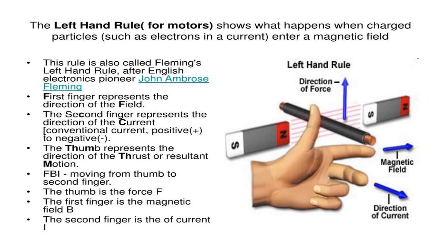The first finger represents the direction of the field, the second finger represents the direction of the current, and the thumb represents the direction of the thrust or resultant motion, that is the direction of force on the conductor. This is Fleming's left hand rule, applicable for DC motors. By using this rule we can determine the direction of motion of conductor in DC motor.